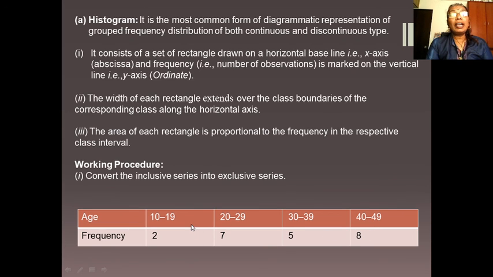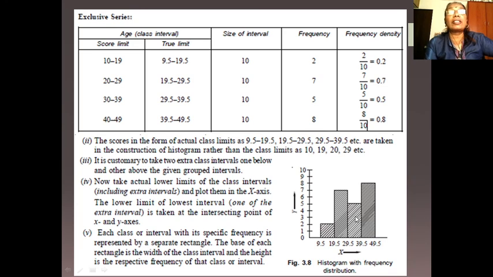This is the age group 10 to 19, and in that, the ages between them are included in the first group. But when the age is 20 years, then it comes into the second group, 20 to 29. When the age is 30 years, it comes in the third group, 30 to 39. And last, 40 to 49, which has 8 frequencies.